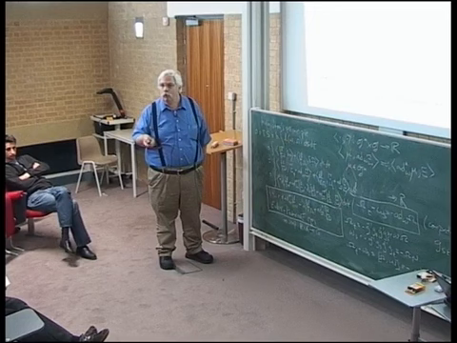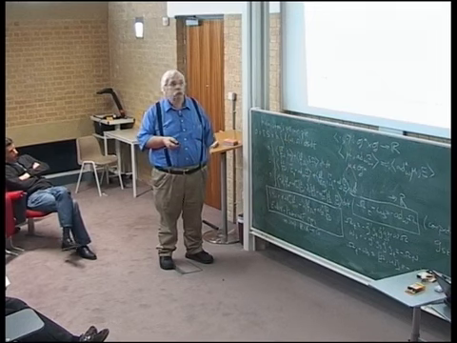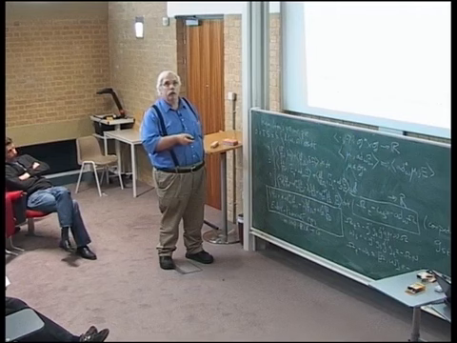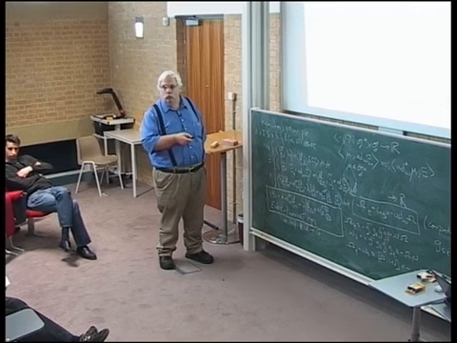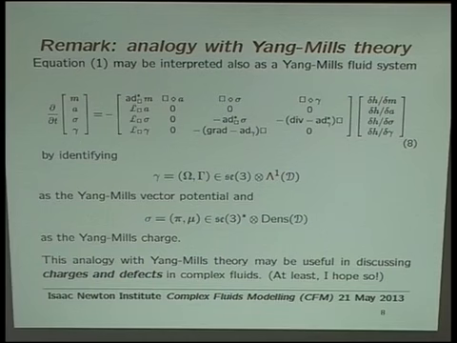Okay, and the minimal coupling for such a Yang-Mills theory would be charge times magnetic vector potential, charge times vector potential, and here it's the pairing of sigma with gamma. And that'll give you minimal coupling to the fluid.